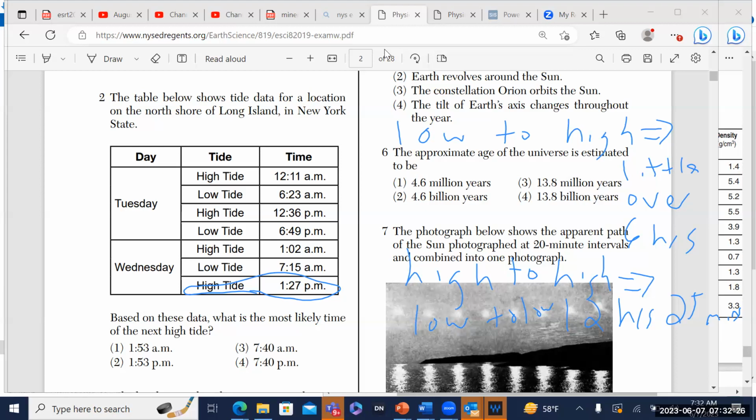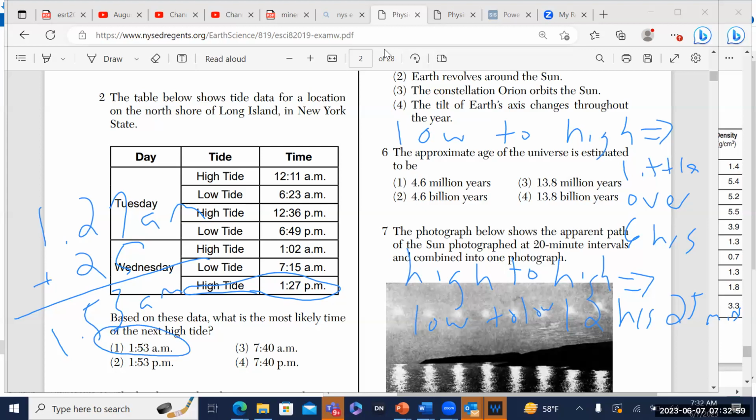High to high is going to be another 12 hours and 25 minutes from 1:27 p.m. 12 hours from 1:27 p.m. gives you 1:27 a.m., and then 25 minutes later gives you 1:52 a.m. So the best answer is choice 1.